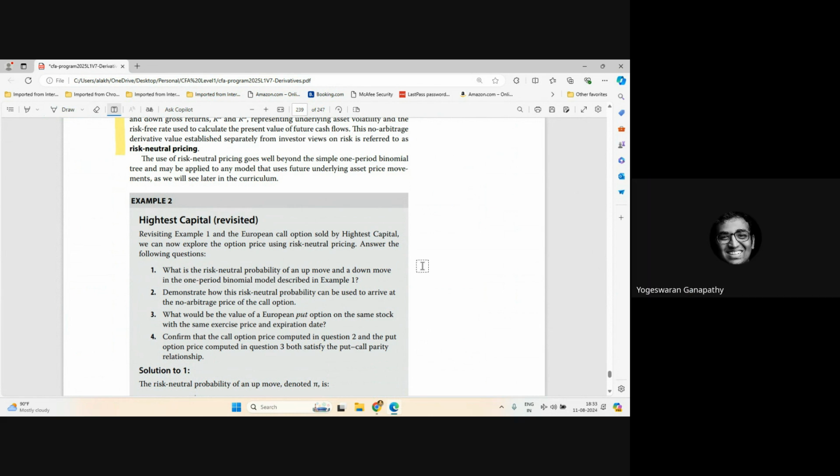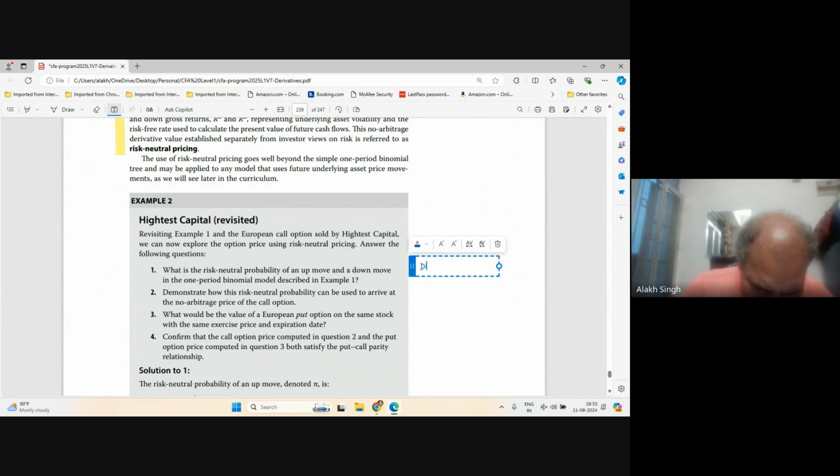It is (1 + R - RD) / (RU - RD). I will write this in parentheses, and the top one also has to be in parentheses, otherwise the computer will divide only RD.